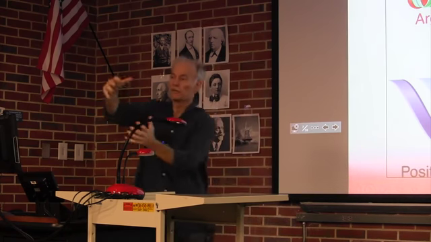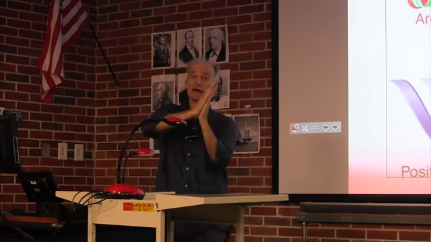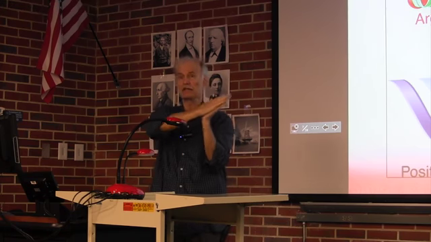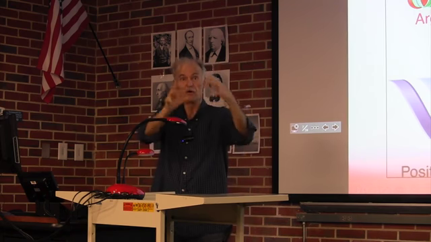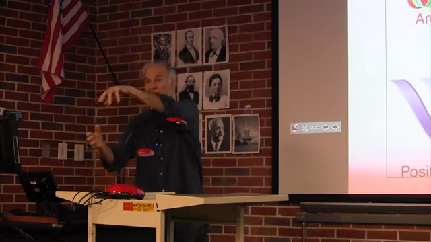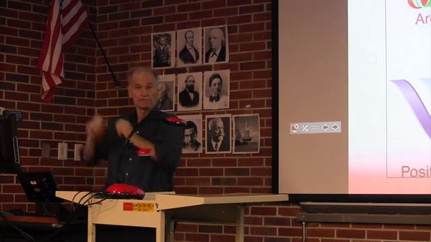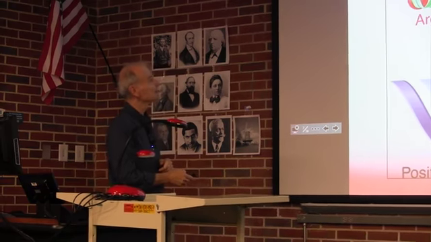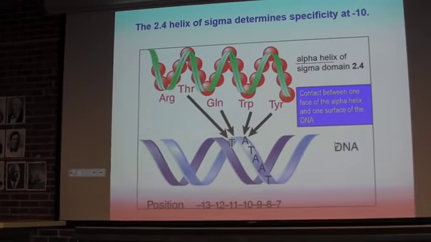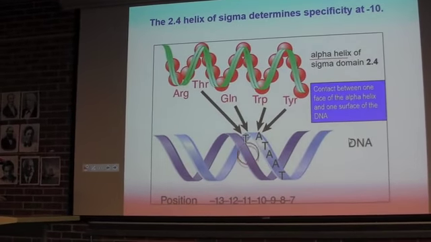One's going to bind here, and then one here, and then one here, because you can only make contact with one face at a time unless you design multiple DNA interaction modules, like a whole bunch of helix turn helix all linked together. That doesn't happen with helix turn helix, but it happens with things called zinc fingers that we'll learn about a little later. One surface of the DNA.